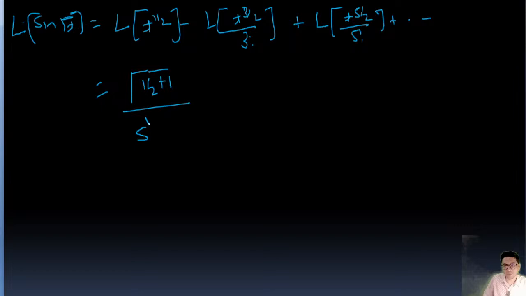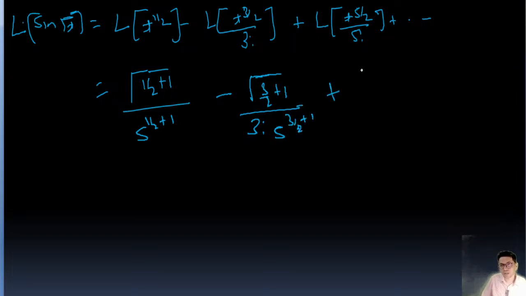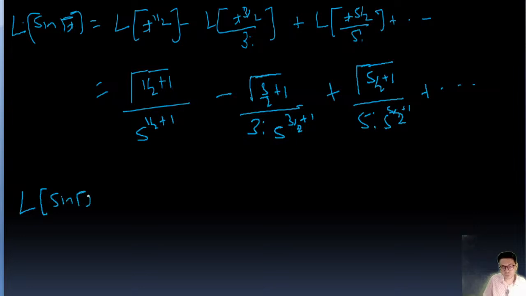Similarly, this is going to be gamma 3 by 2 plus 1 upon 3 factorial s to the power 3 by 2 plus 1, plus gamma 5 by 2 plus 1 upon 5 factorial s to the power 5 by 2 plus 1, plus so on.